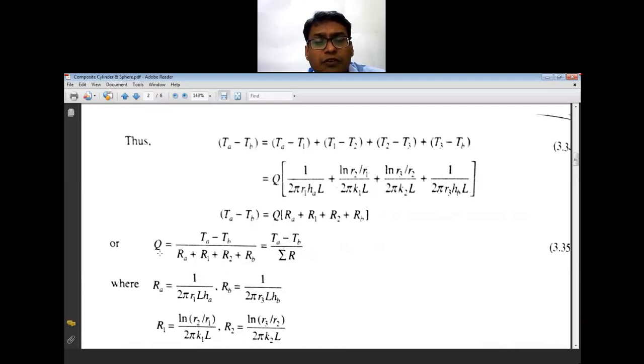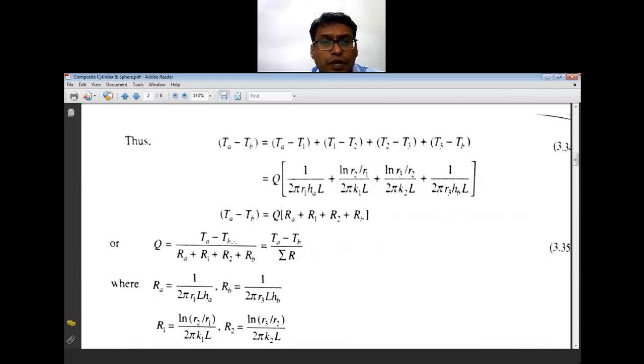So total Q becomes equal to the total temperature difference upon the summation of the resistances, where Ra is 1 upon 2 pi R1 L into HA, that is nothing but 1 upon HA. Temperature differences are incorporated in this equation.